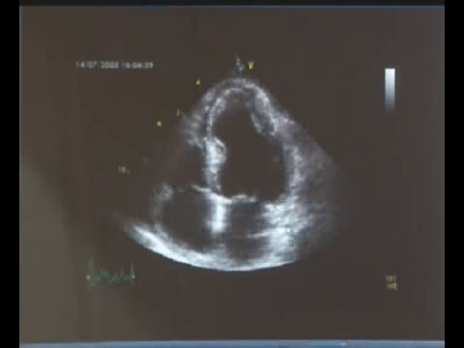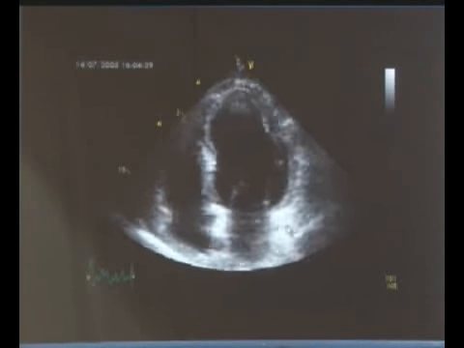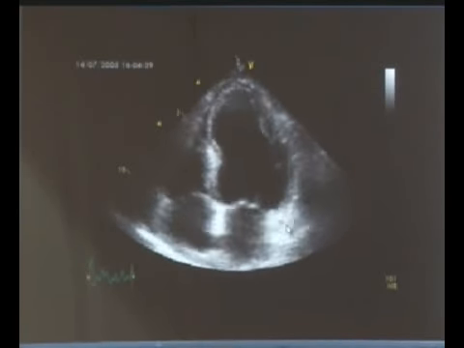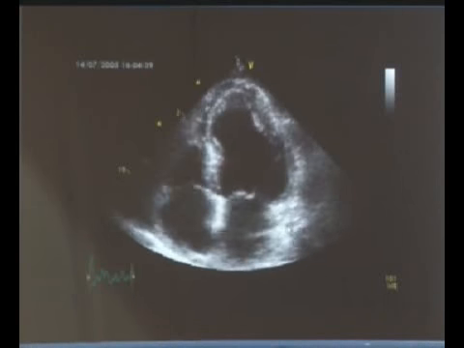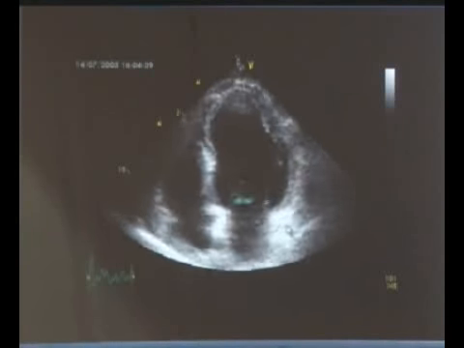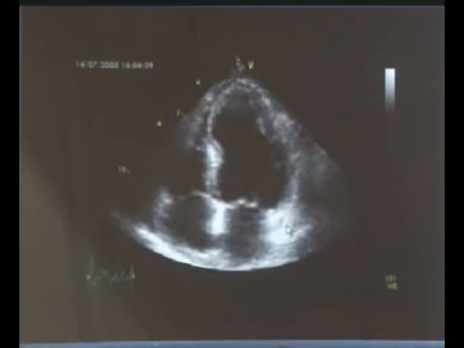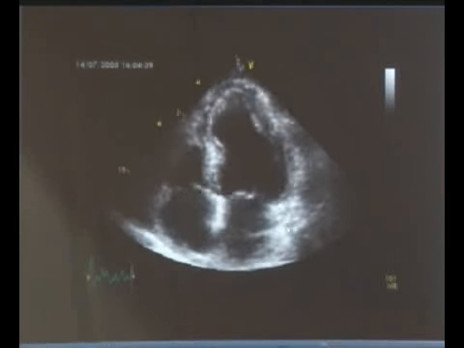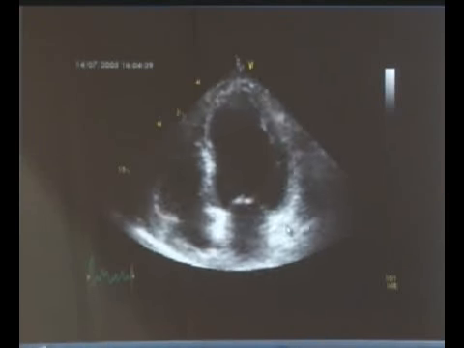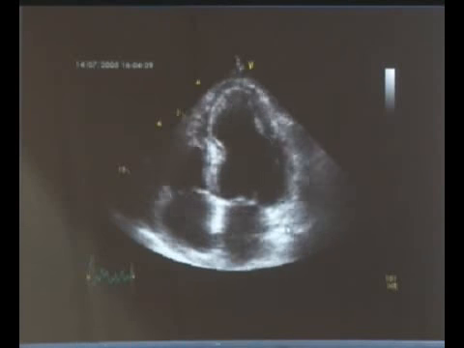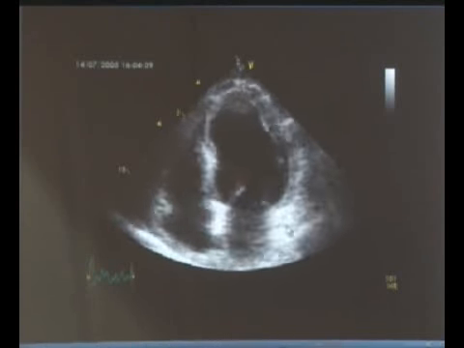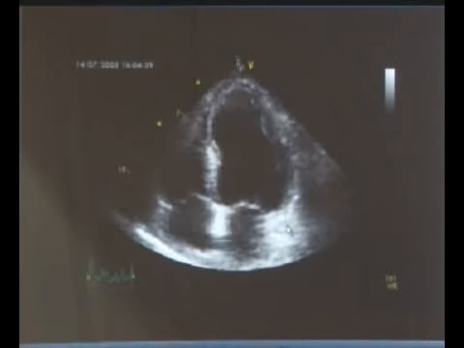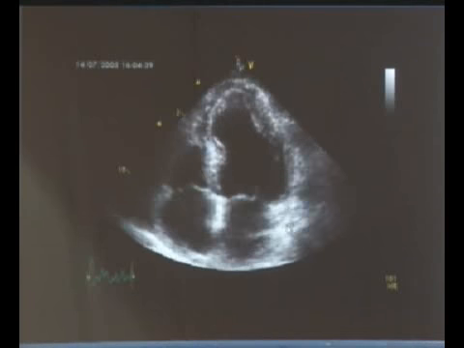And when he had giddiness, we stopped, put him on the echo table, scanned, and saw typical right ventricular apical hypokinesis. Basal inferior was gone. Two segments which were bad. And then we took him to the cath lab where we did an angiogram: proximal RCA lesion.